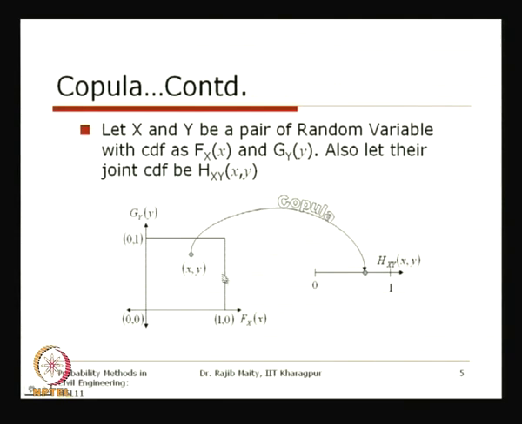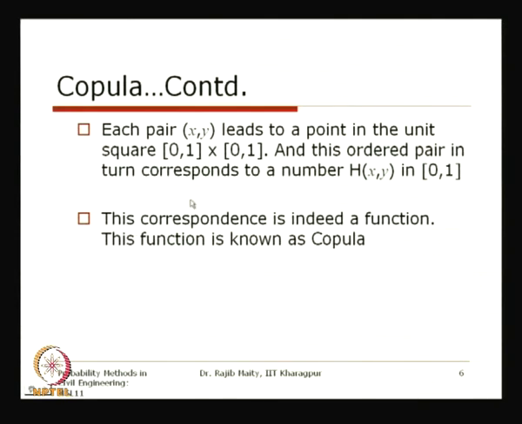This ordered pair in turn also corresponds to a number H(x,y) on the 0 1 real line, through their joint distribution.